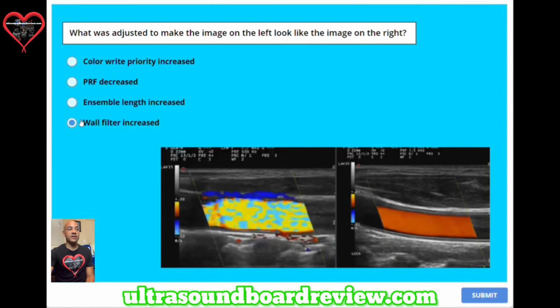The answer is D, wall filter increased, because wall filter and PRF go hand in hand. So if wall filter goes up, the PRF goes up.